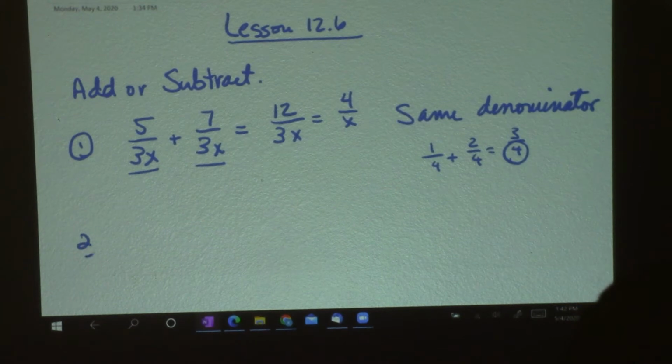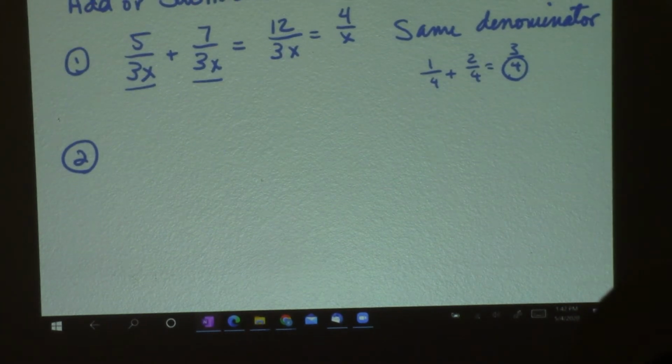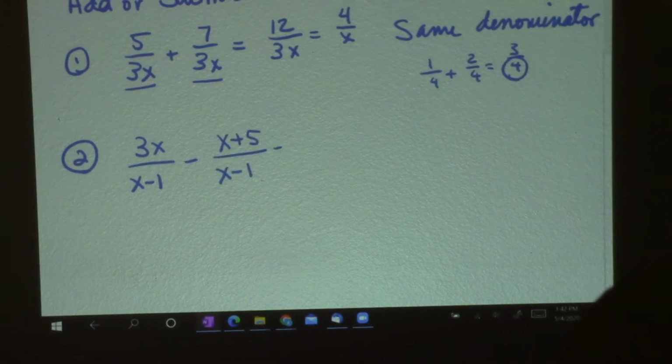Now, even though this looks a little harder, it really isn't. So this time I'm going to subtract 3x minus x plus 5 over x minus 1, sorry. So, of course, the first thing we look at is, do we have the same denominators?